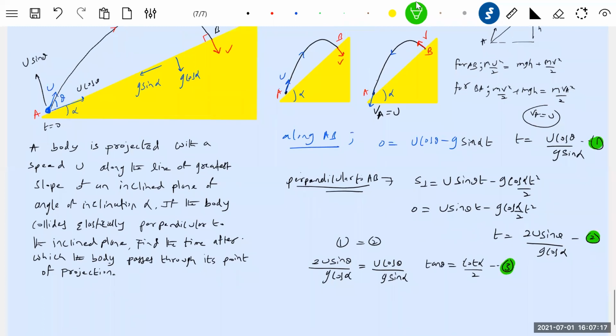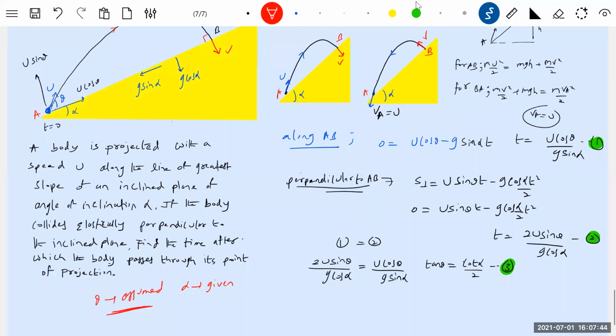Tan theta. Theta is what, assumed, no? I'll write it clearly: theta is assumed, alpha is given. So our answer should not be in terms of the assumed thing. It should be in terms of the given thing.